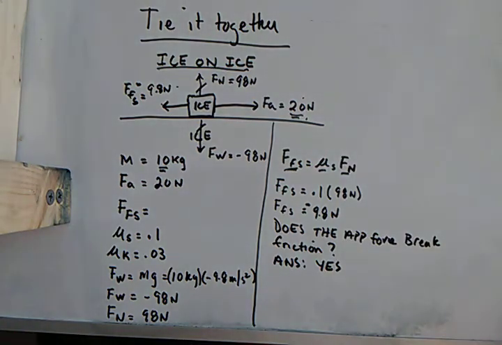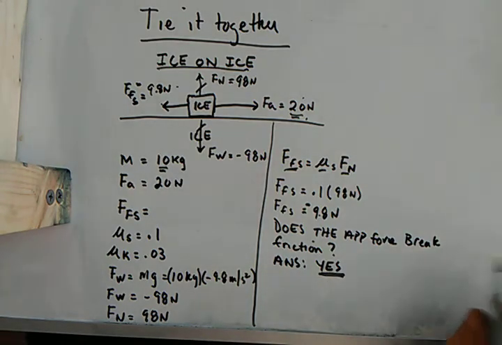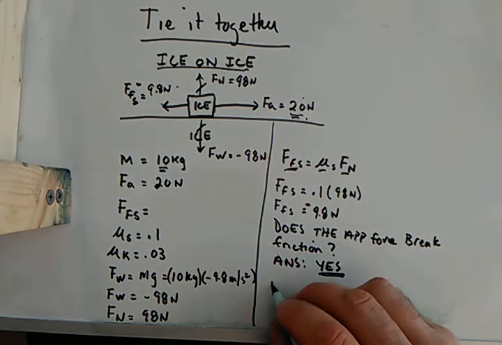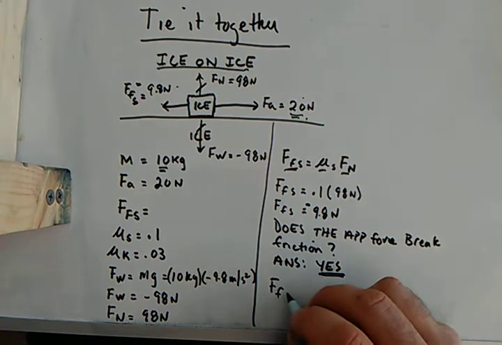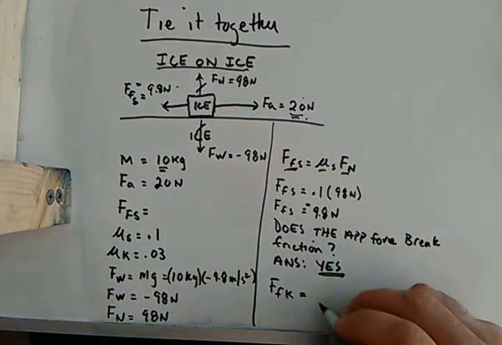It starts to move. So because it starts to move now, if the answer is yes, then it moves. Now it becomes very helpful for us to calculate the kinetic friction between the two surfaces.